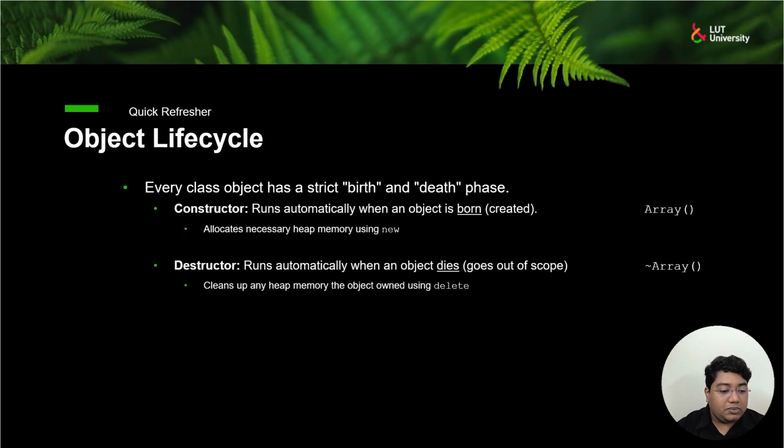Later, when the object goes out of scope, its destructor runs automatically. The destructor's job is very simple. Clean up whatever resources the object owns. That often means calling the delete keyword to free heap memory.